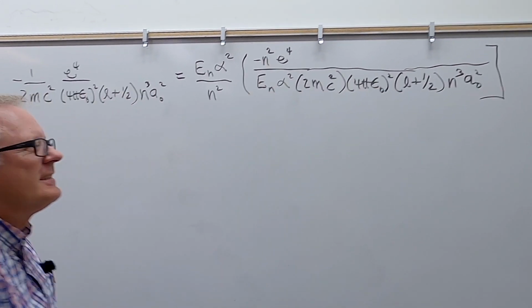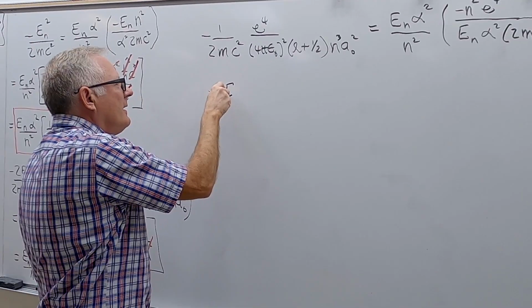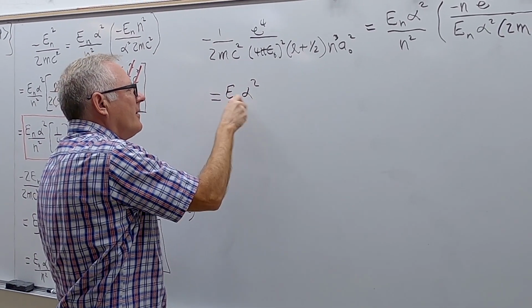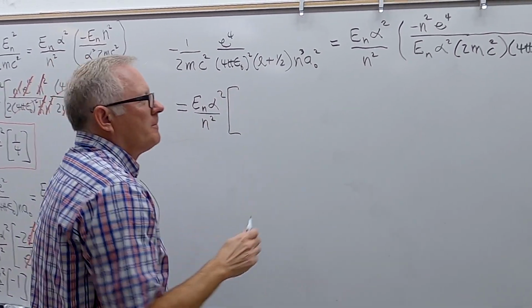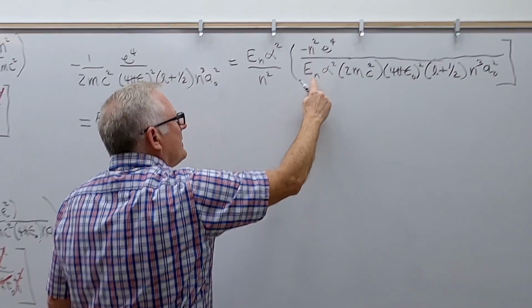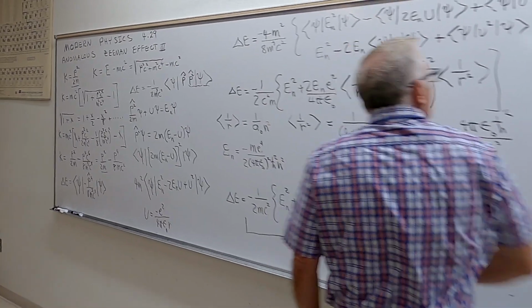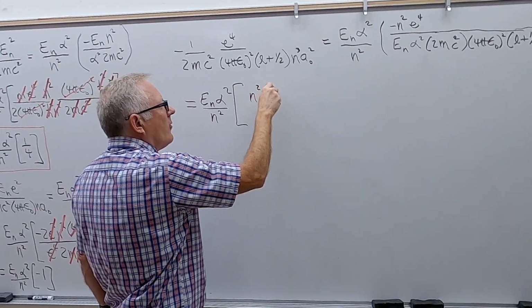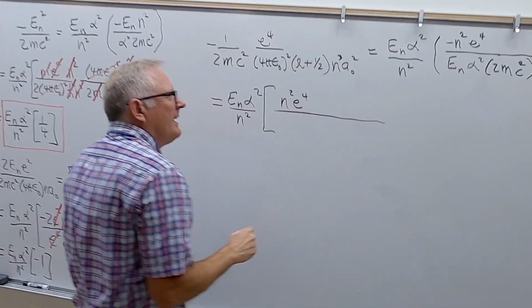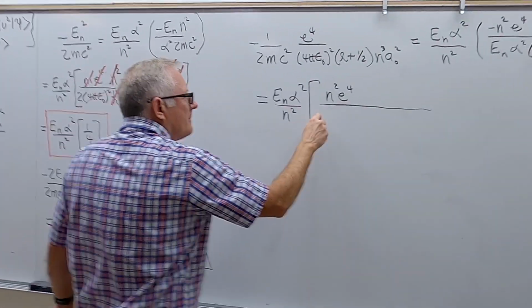Okay, and hopefully all that stuff cancels out too, right here. So we end up with E sub n alpha squared all over n squared. Now, there's a minus here, but E sub n also has a minus in it. We have it right there. So there's no minus, so we can get rid of the minus. So we have an n squared e to the fourth all over E sub n. Well, we already took care of the minus sign, so it's m e to the fourth.